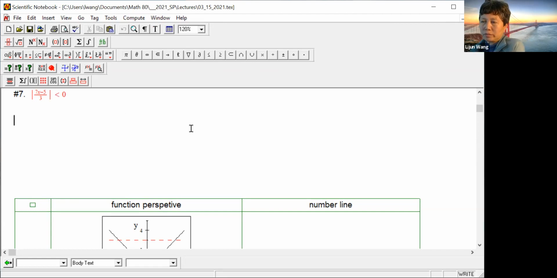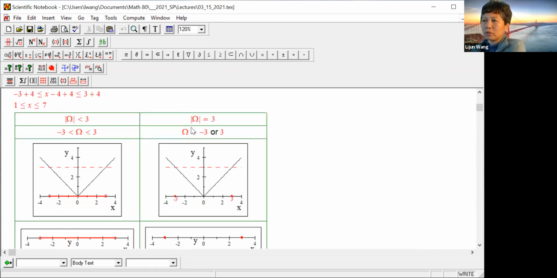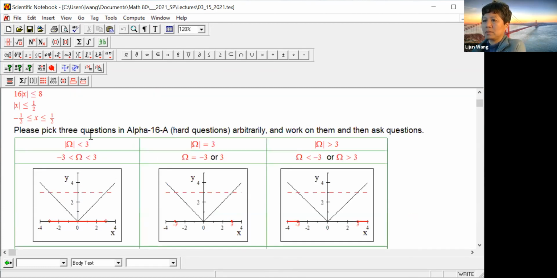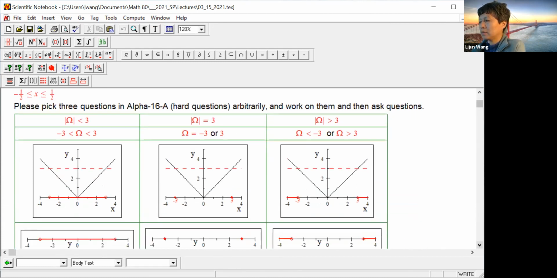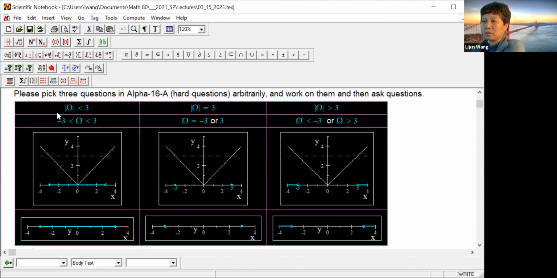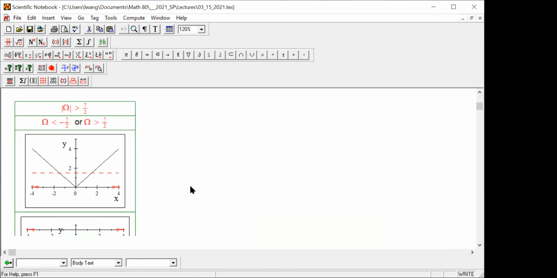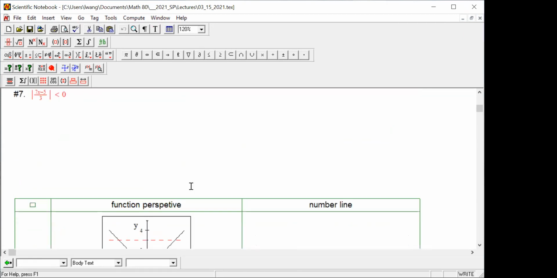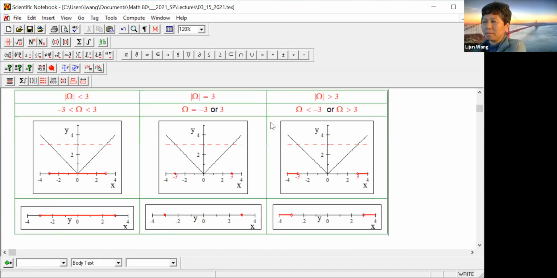Absolute value of something less than 0. So what is omega in our case? It would be the fraction, right? Right here. What is omega?